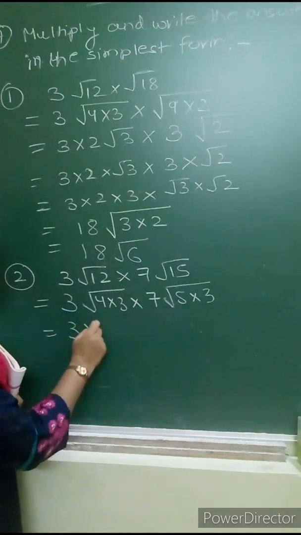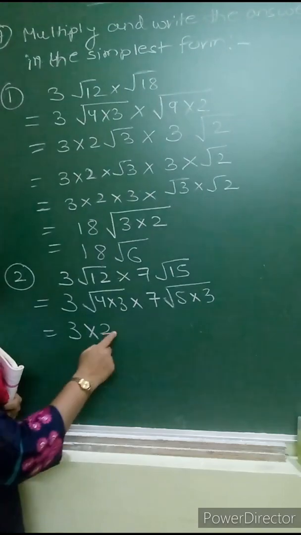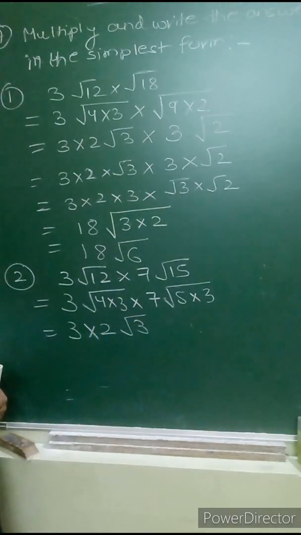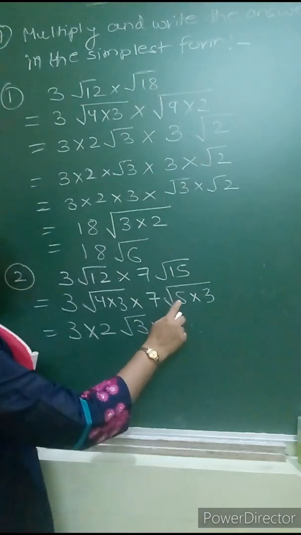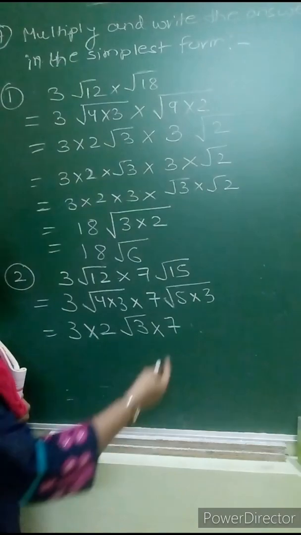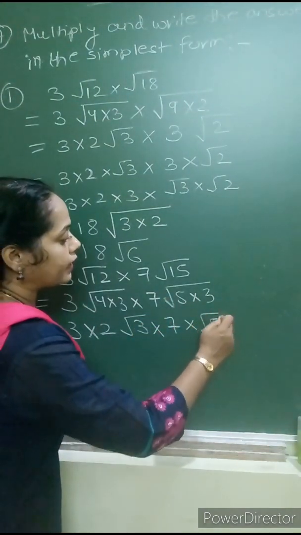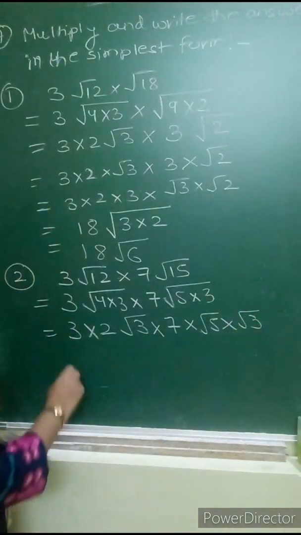Now the square root of 4 is 2, which will come out. So we are going to have 3 into 2, and this 3 continues to remain inside the radical sign, multiplied by this 7. Now 5 is not a perfect square, 3 is also not a perfect square, so we can write both of them separately like this: square root of 5 into square root of 3.